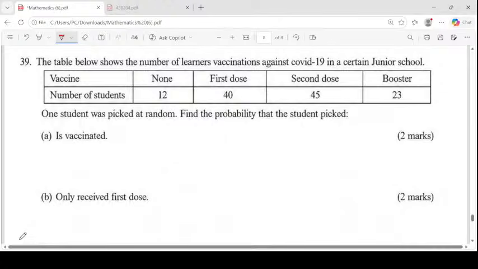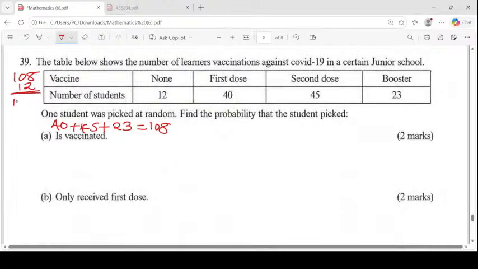So let me get the total number of learners who are vaccinated. Total number of learners, I'm going to take 40 who received the first dose, plus 45 who received the second dose, plus 23 who received the booster. So these are a total of 108 learners. From how many learners? When you take 108 plus 12 learners who are not vaccinated, this is 120.